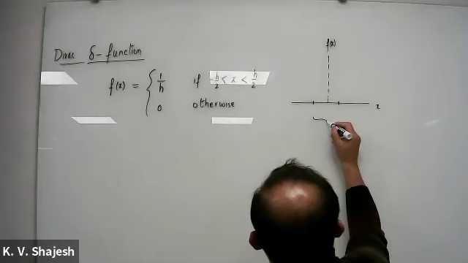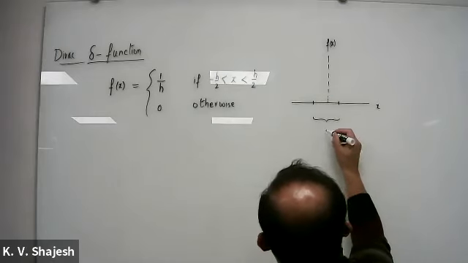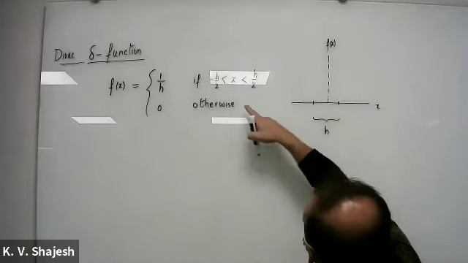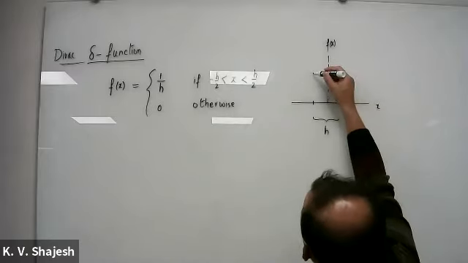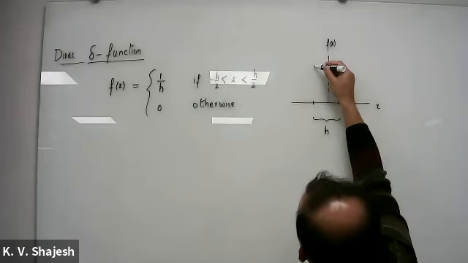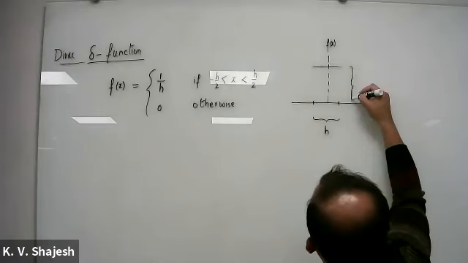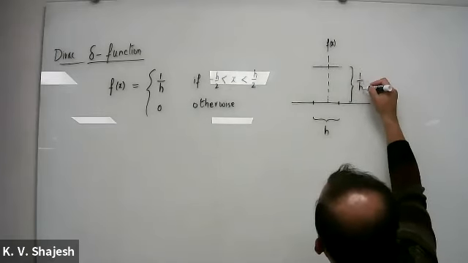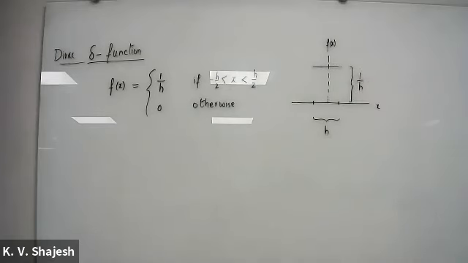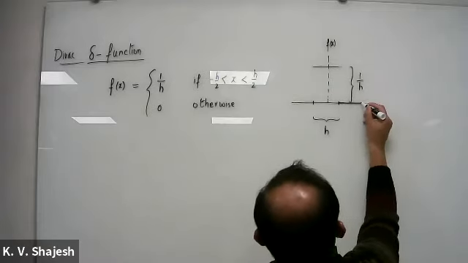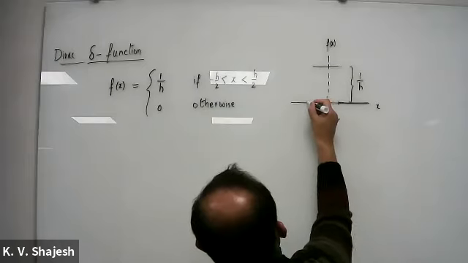That gives us the length of this base to be h. Whenever x is within that, the height of this function is 1 over h. And it is 0 otherwise. So everywhere else, it is exactly 0.